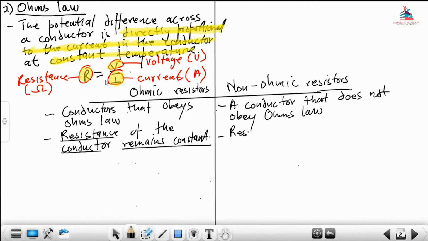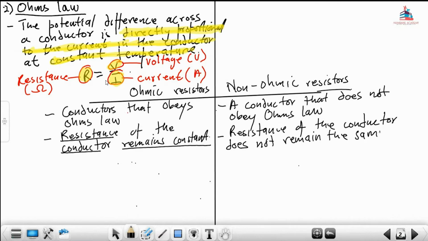So the resistance of the conductor increases, or does not remain constant. Let's just say does not remain the same. Very, very important things to note down.